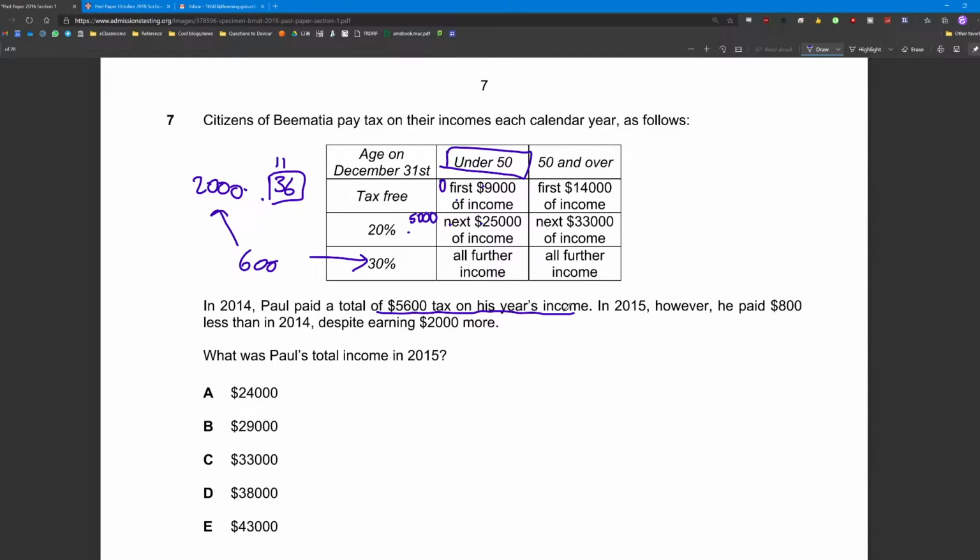And if he earned $38,000, logically, if he had stayed under 50, then he would obviously have to pay more. But it seems like he's paying less because he has become a higher earner. He's earned more, but even though he has earned more money, he's paying less tax. So this 14,000 is free.